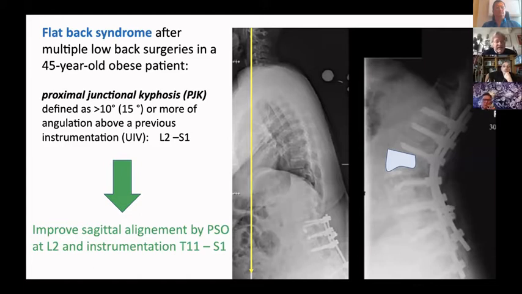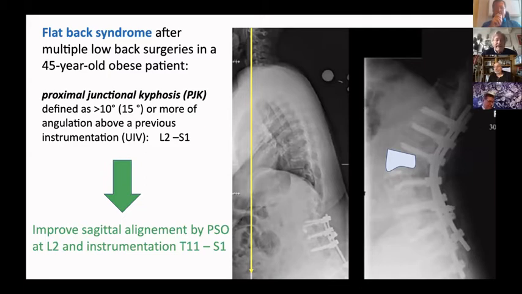As you can see, there is a proximal junctional kyphosis, which is defined as bigger than 10 degrees, in some literature bigger than 15 degrees, and certainly more, above a previous instrumented spine.